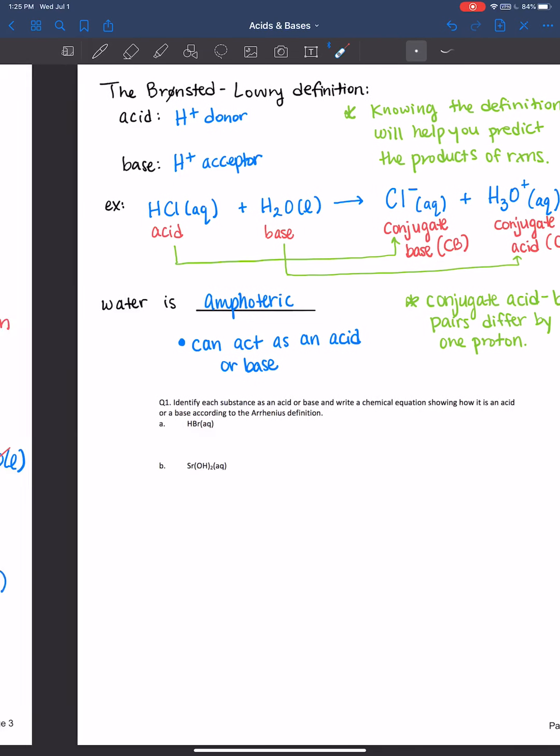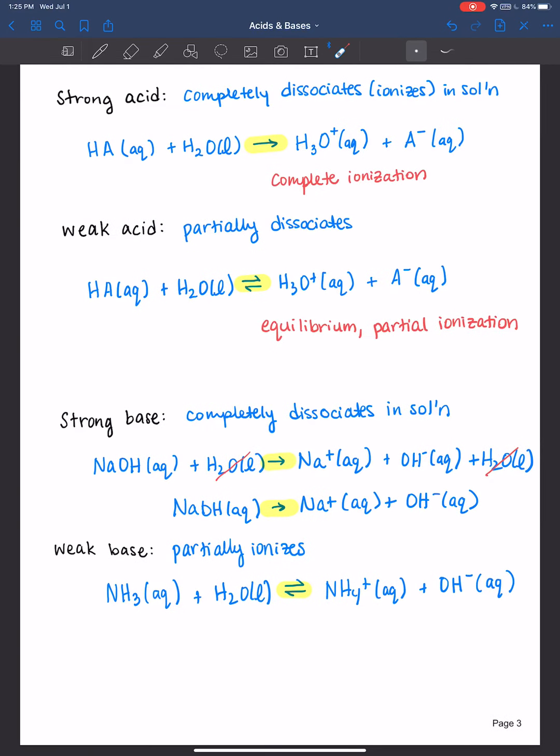In the previous example, when we were looking at ammonia, at the bottom here, ammonia acted as a base, and therefore water had to act as an acid. What is the conjugate acid of ammonia? Fantastic, the ammonium. Remember, always use the definitions to talk yourself through it.